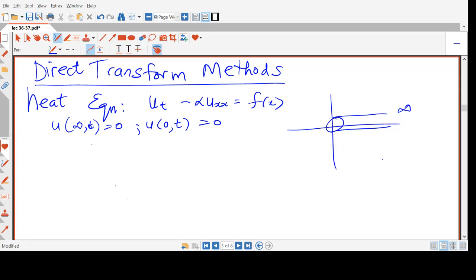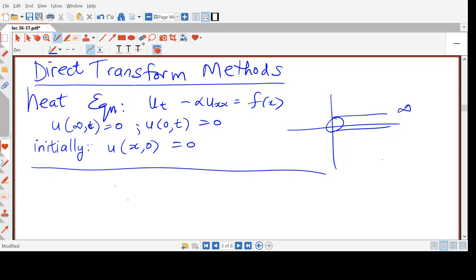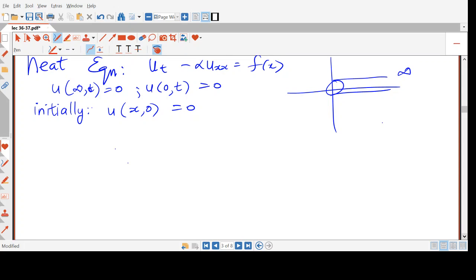And so the initial condition, let's say initially the temperature is also 0. U of x, 0 is 0. Now we can solve this problem by using the methods that we learned in the first semester. In other words, using separability and so on. But now we want to achieve this in a much more compact way using the techniques that we have.